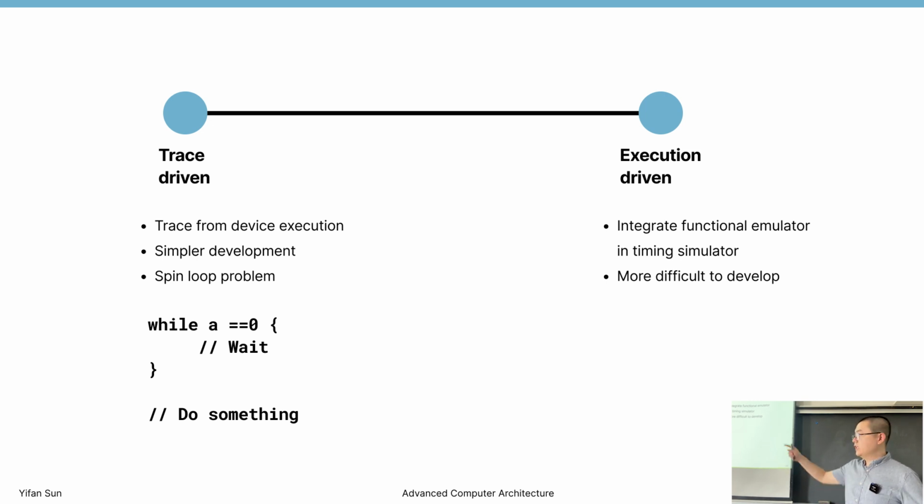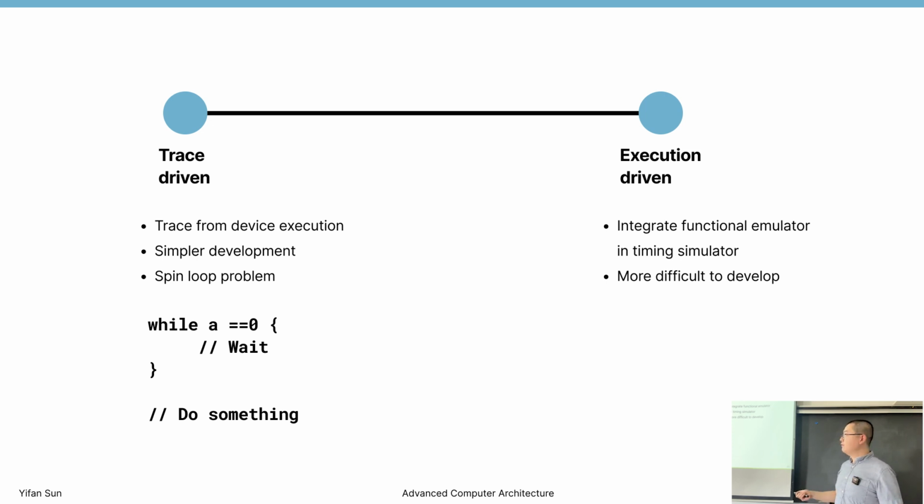If the trace says execute this loop 100 times, we just do it 100 times. But if our hardware design is trying to make things run faster and make this core realize its value has changed sooner, can you model this type of behavior change? Basically, you cannot.